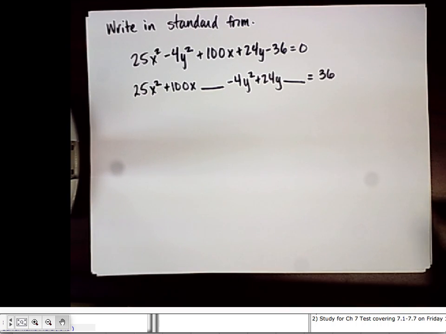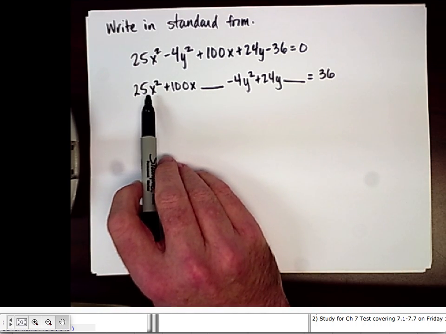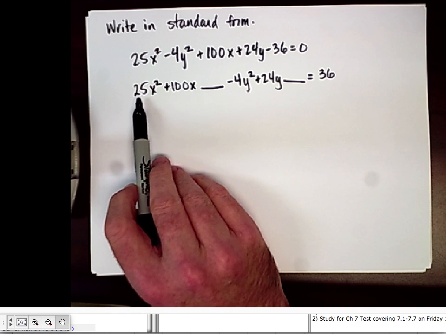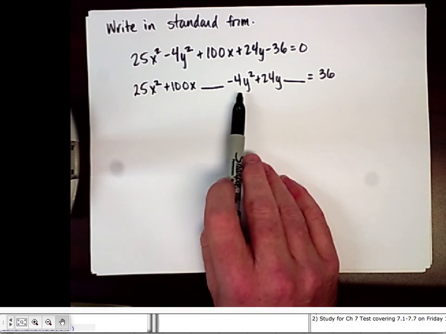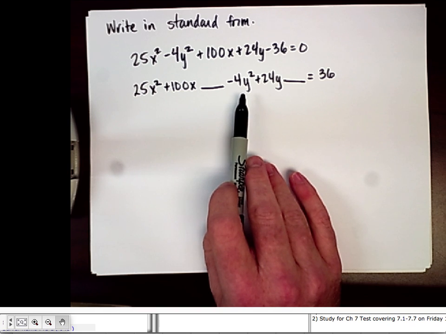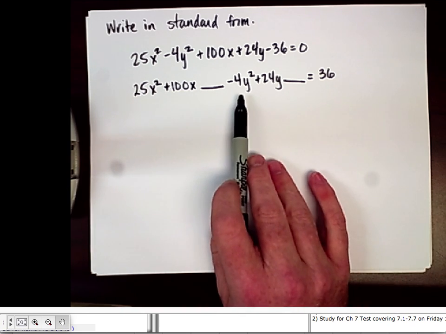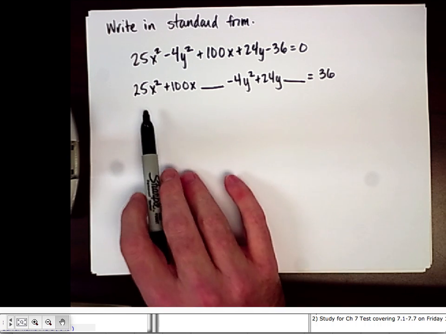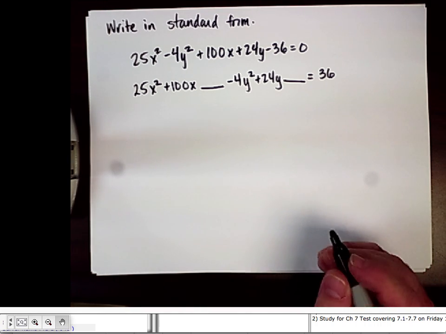Now, typically, when you're completing the square, you want this to be 1x squared, so you would want to divide everything by 25. But we need this to be 1y squared as well, and if you divided everything by 25, that would really mess you up here. So instead of dividing everything by 25, you factor out a 25.